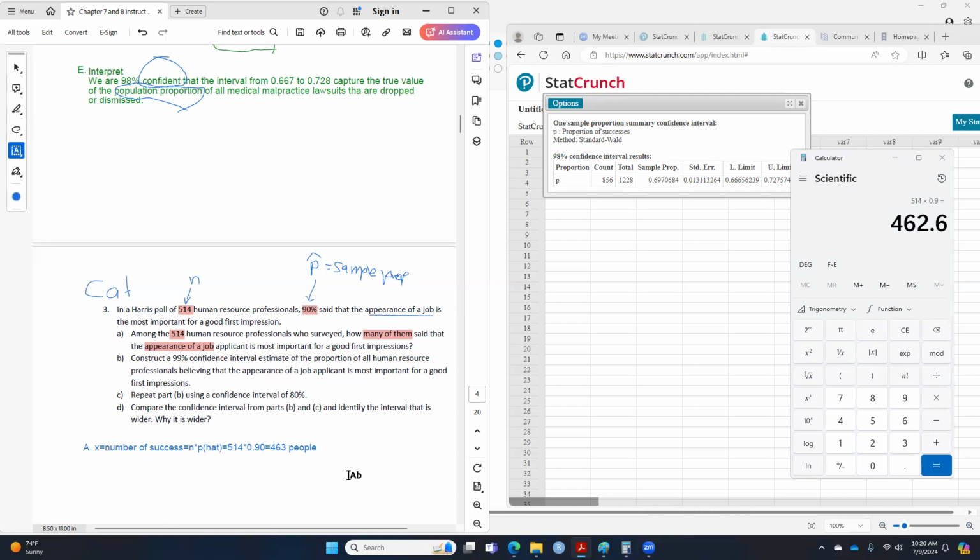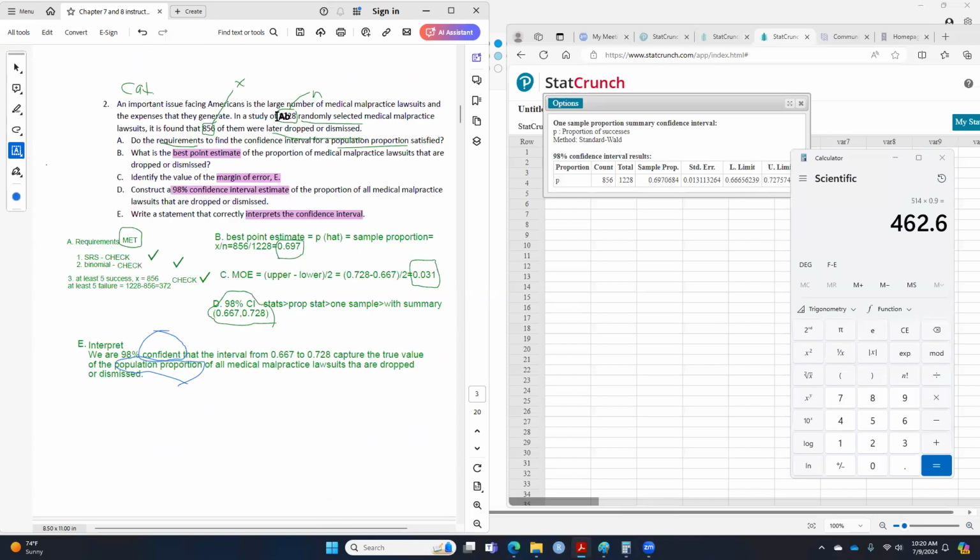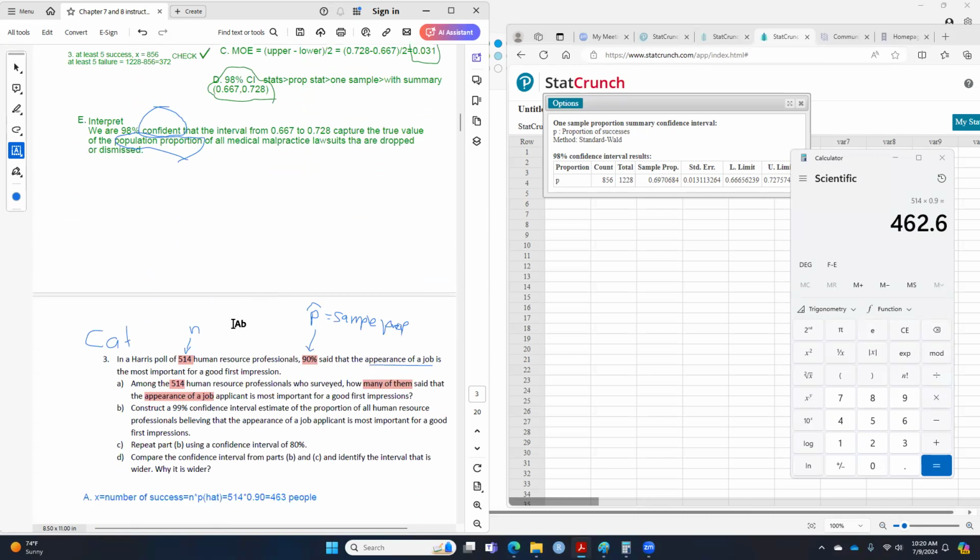Again, I'm going to point out that there are different questions. Sometimes a question gives us x and n. Sometimes a question gives us n and p hat. How do we know it's p hat? It's because it is a percentage and it comes from a sample of the 514 people.